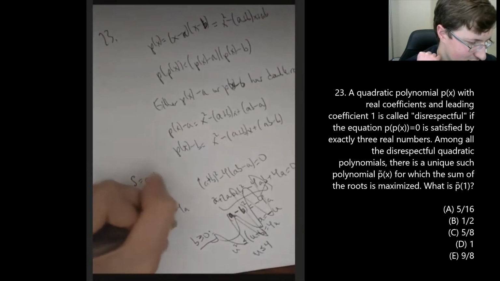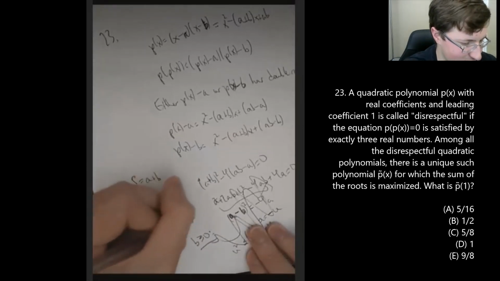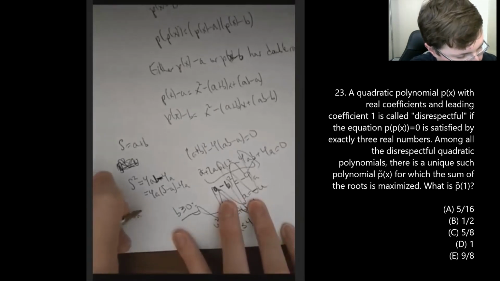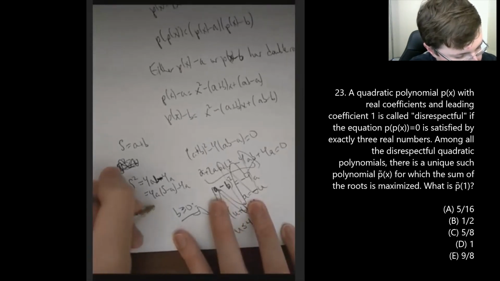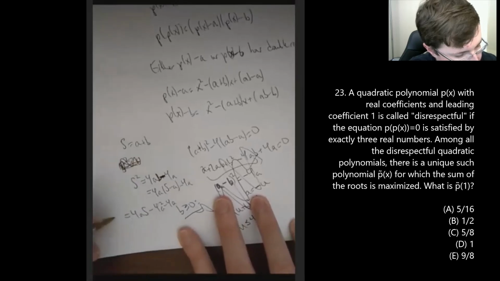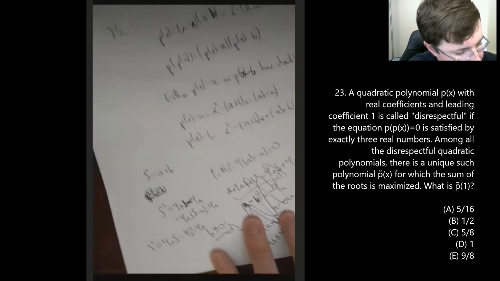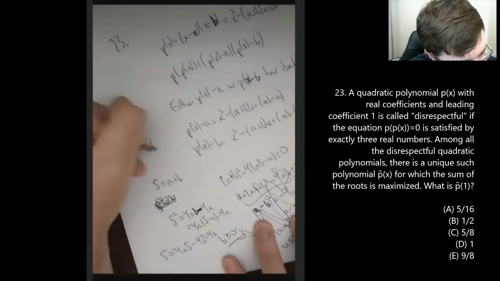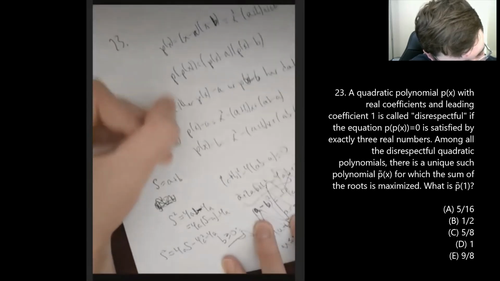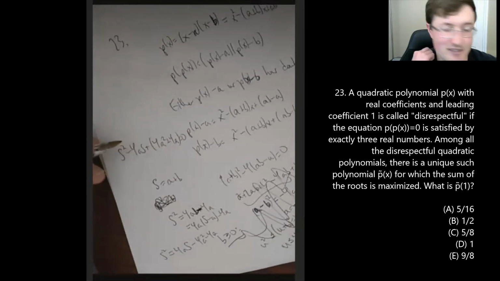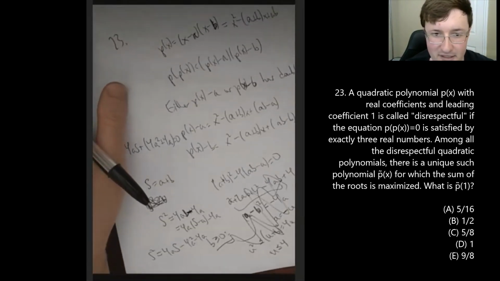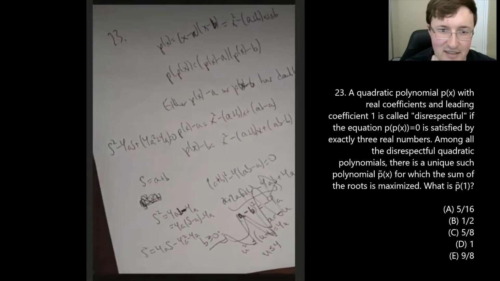Okay, that's 4a times (s minus a) minus 4a. So that's 4as minus 4a squared minus 4a. So s squared is 4a. Okay, so s squared minus 4as plus 4a squared plus 4a is 0. And I want this to have a solution for s. And I want to make s as big as possible.